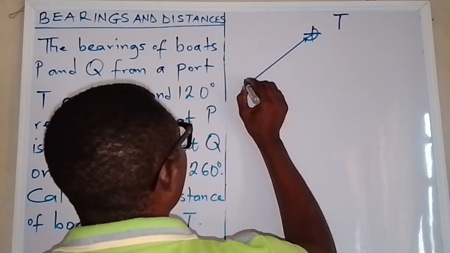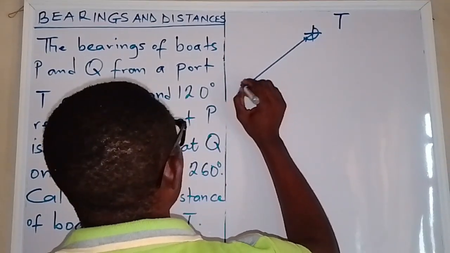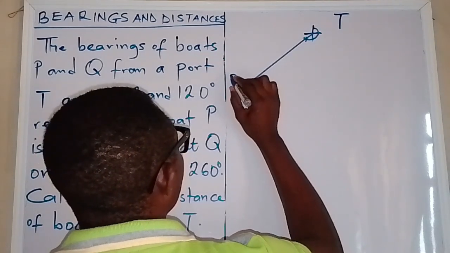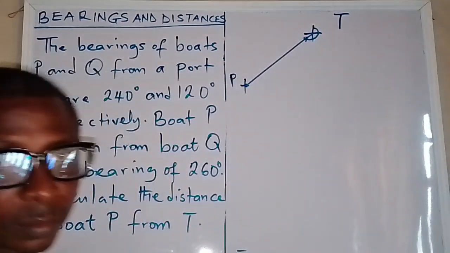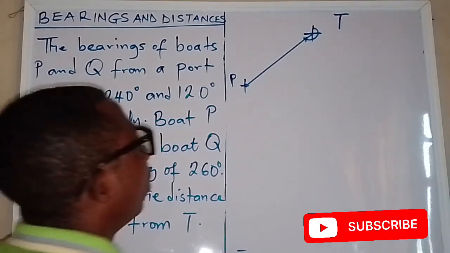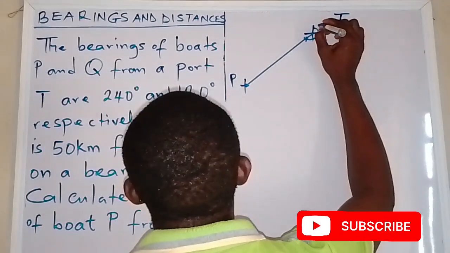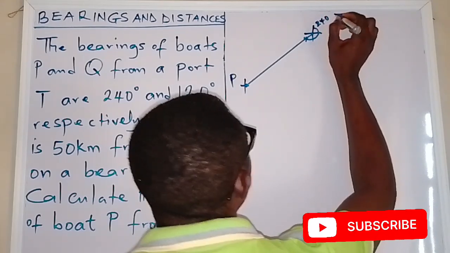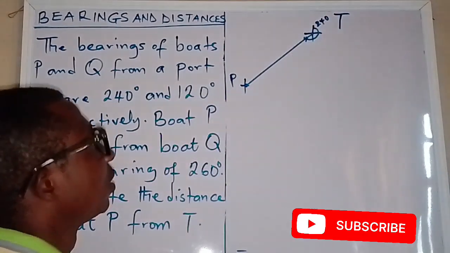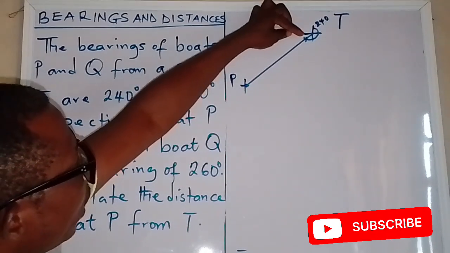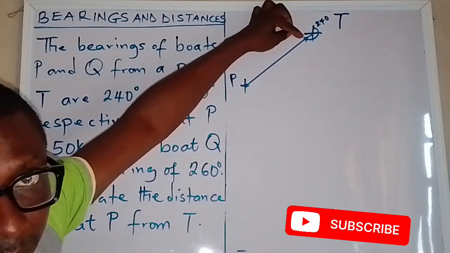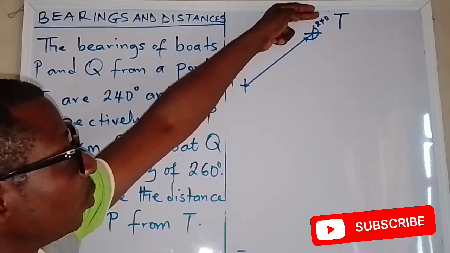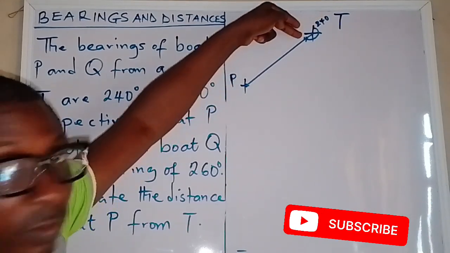So this is point P, on bearing 240 degrees. Now the remaining angle here is going to be 30, because when you add 30 to 240, it gives you 270.